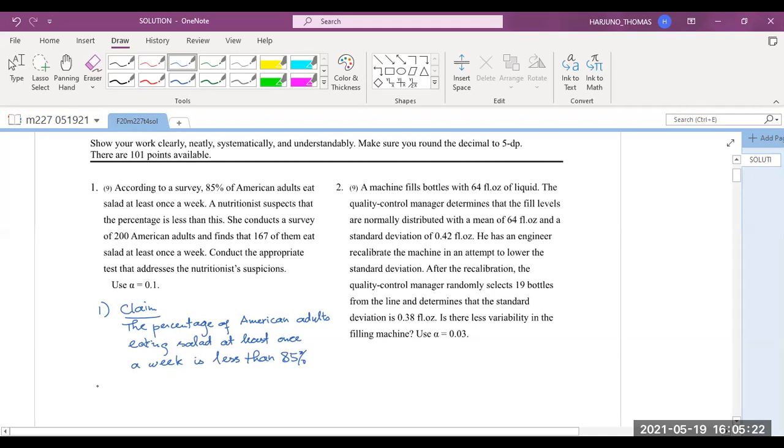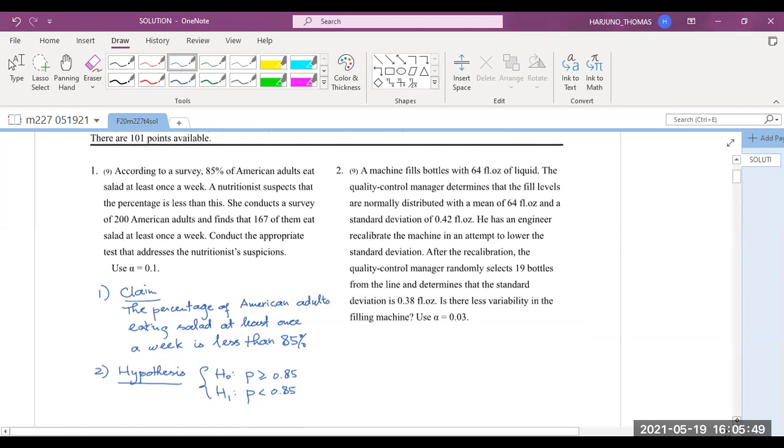Okay, in step 2, hypothesis. Null hypothesis, alternate hypothesis. The alternate is p is less than 0.85. Otherwise, the null is p greater than or equal to 0.85, or you can also use the equal sign for the null hypothesis.